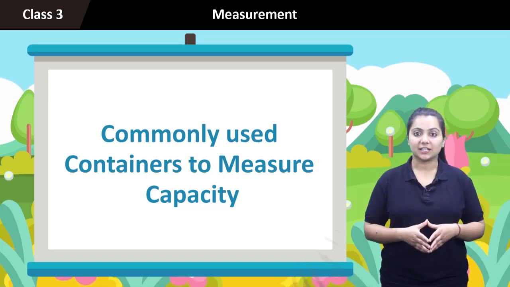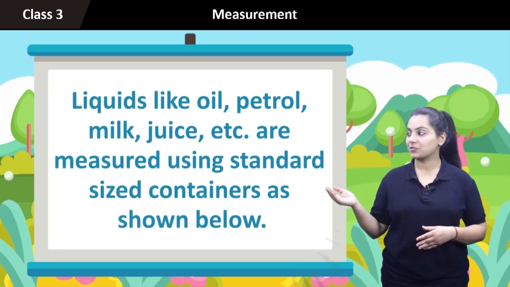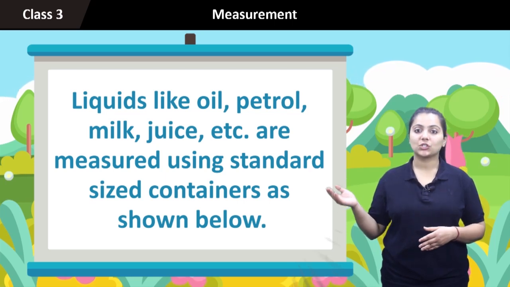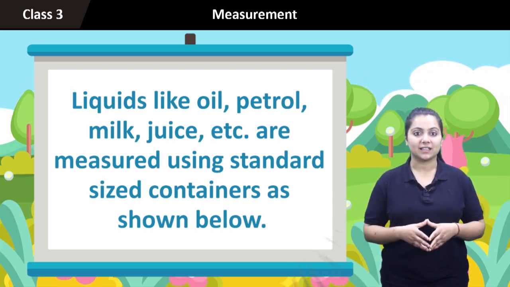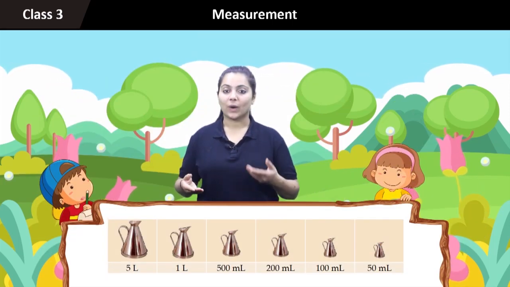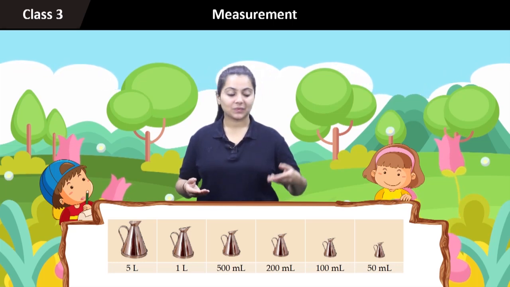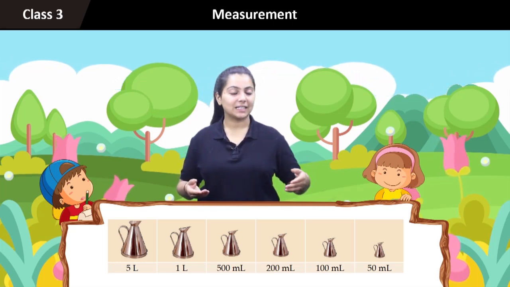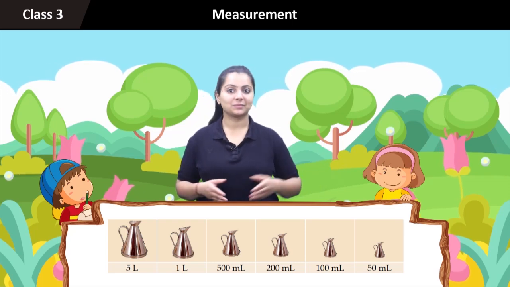Commonly used containers to measure capacity. Liquids like oil, petrol, milk, juice, etc. are measured using standard sized containers as shown below. 5 liter, 1 liter, 500 milliliter, 200 milliliter, 100 milliliter and 50 milliliter.